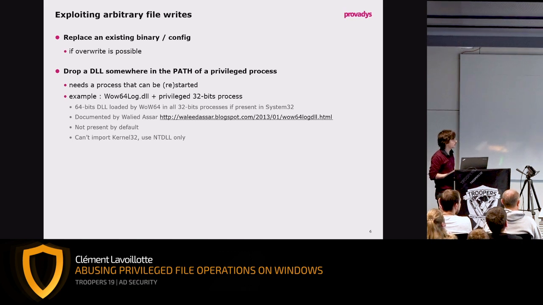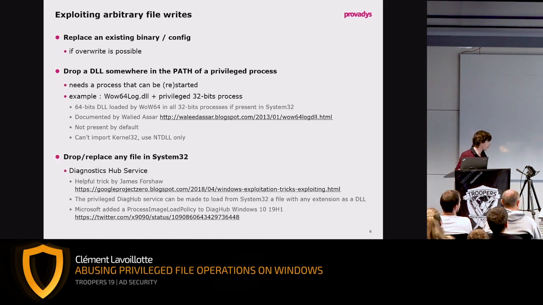This DLL does not exist by default on Windows systems, but if it does exist in the system32 directory, it will get loaded in every 32-bit process started. So if you have a privileged 32-bit process, this is a nice one you can try to drop on the disk to get code execution.